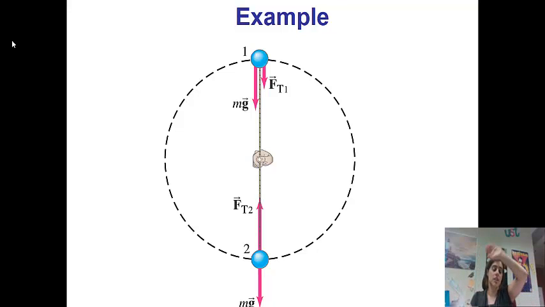At the top of the path, the tension force is actually much less because it doesn't have to overcome the weight of the object. Whereas at the bottom of the path, you've got the weight down plus the centripetal acceleration. That tension has to provide both. It's got to counteract the weight and provide the centripetal acceleration. So you've got a bigger tension at the bottom of the circle than you do at the top.